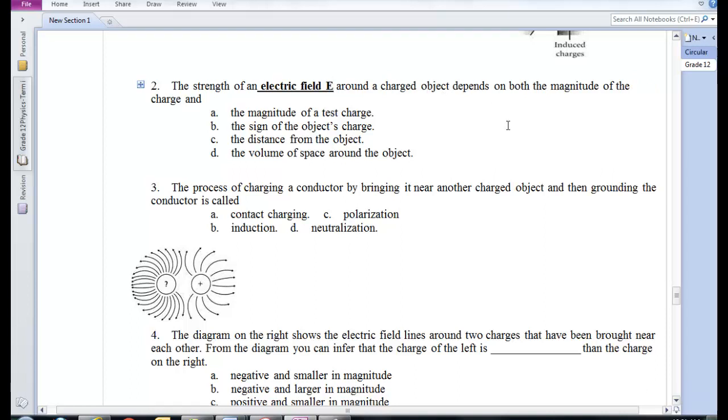So recall the E. E is equal to what? E was equal to F over Q. Or if you have a drawing, it is E equals Kc Q over R squared.